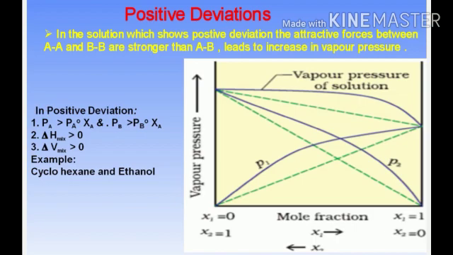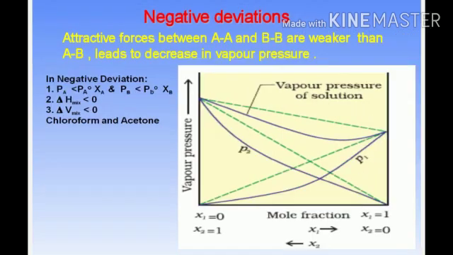It is due to the fact that energy required to break strong AA and BB interactions is greater than energy released in the formation of weak AB interactions. Now move to the non-ideal solutions which show negative deviations.